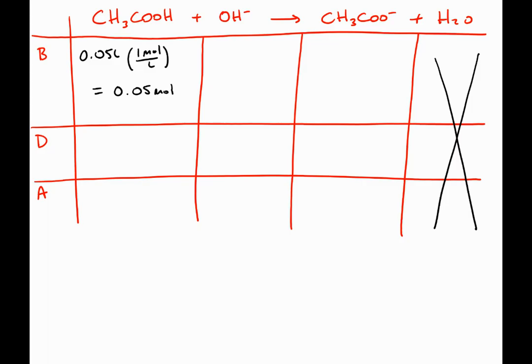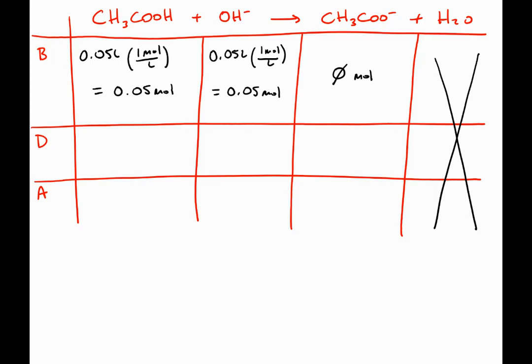For the sodium hydroxide, we now put in 50 milliliters of the 1 molar solution. So the volume was 0.05 liters. Molarity was 1 molar sodium hydroxide, and sodium hydroxide dissociates completely into hydroxide ion, so 1 mole per liter concentration for hydroxide ion. That's 0.05 moles of hydroxide ion, and no acetate ion initially.